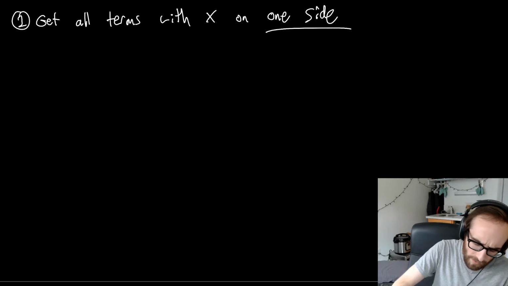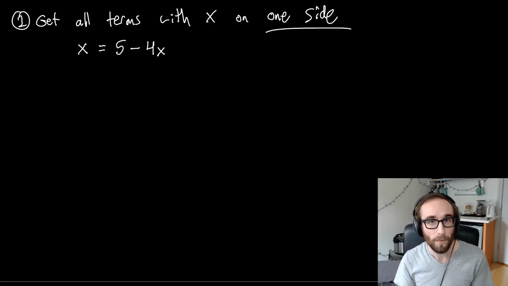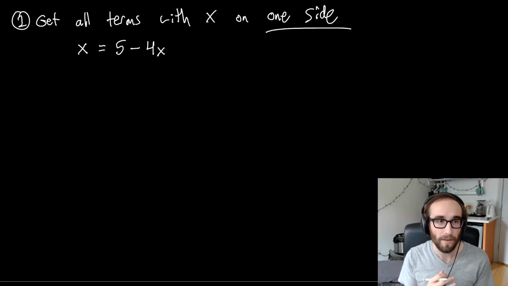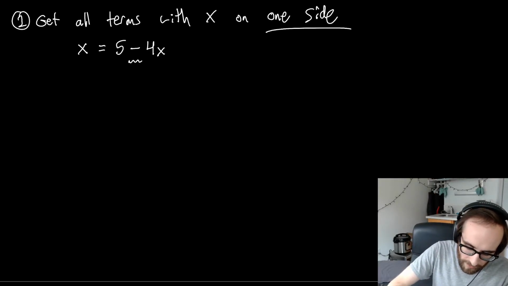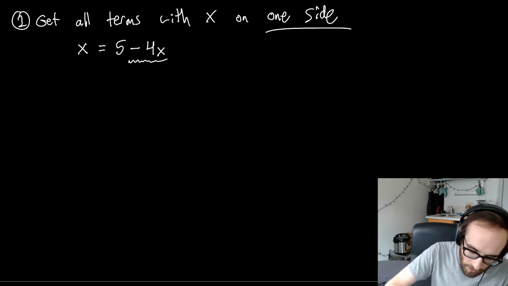An example of this is if we have x is equal to 5 minus 4x. Notice we have x on both sides of this equation. The first thing we want to do is make sure we get all of the x's on the same side. So here we're subtracting a 4x. To move this 4x to the other side, we can undo the subtraction.